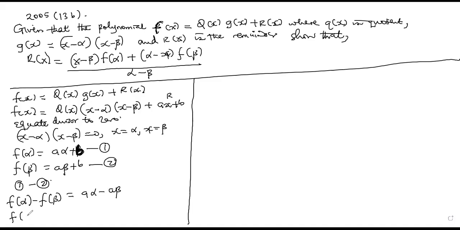I factorize out a, so a into alpha minus beta. What does it imply? We can divide by alpha minus beta to get a. So my a is going to be f of alpha minus f of beta, divided by alpha minus beta.